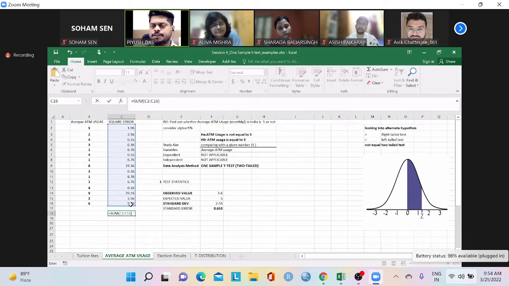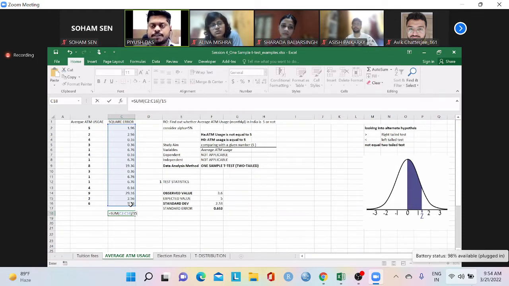Now what happens in general formula of your variance or standard deviation, what you have found, sum of square you take, then divide by the sample size. 15 you divide, that becomes your variance. Take the square root of that, that becomes your standard deviation, right? But whenever you are calculating the sample standard deviation, we do not divide by 15, we divide by n minus 1, right?